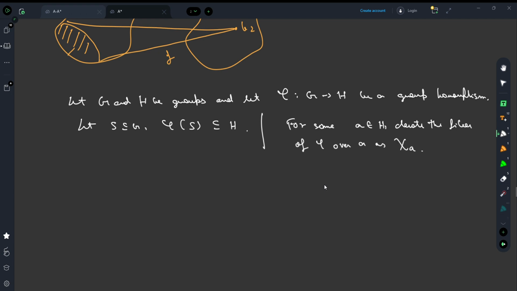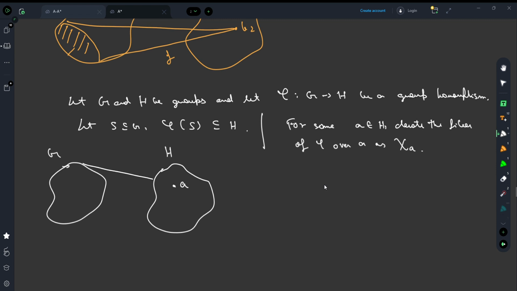So what we are basically doing is, suppose this is G, suppose this is H, and say this is the point a. So we have a fiber here, let this be the fiber. Clear? We denote this set as chi of a.